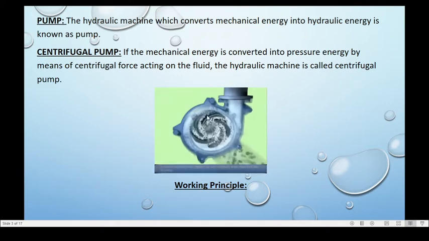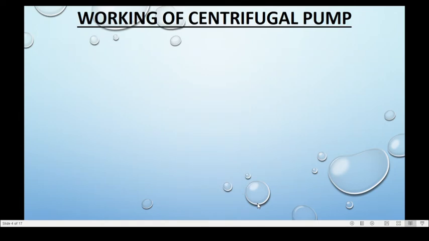So you will see in later diagrams how the radius of the impeller is increasing, and how the water pressure head is increasing. Okay, so let us go to the next figure, that is our construction.